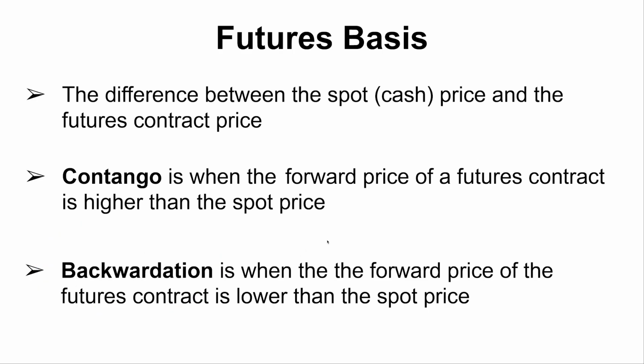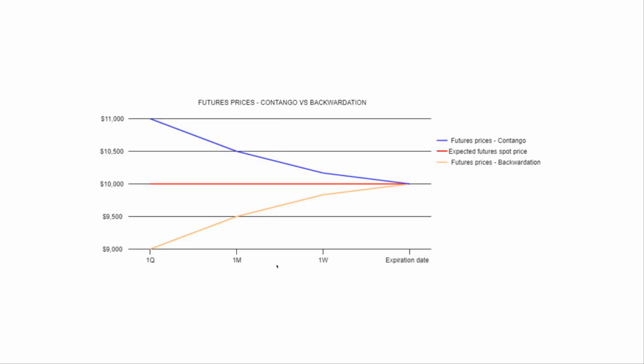Understanding these two concepts is important, but how we look at it on the curve and in relation to price is where it really starts to make sense. Let's look at what we were talking about. We have our futures price contango, and our spot price right here. We can see the futures price is above this, so 11,000 is greater than 10,000.